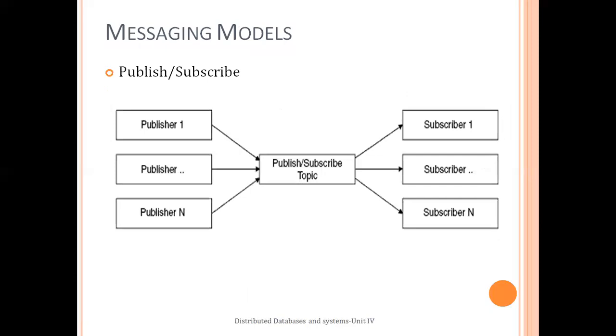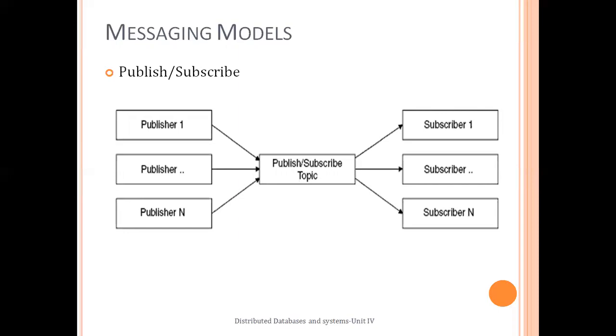Whereas in the case of publisher and subscriber, a message queue will be there and a list of participants. These participants will register for a particular topic. A sender will send a message through the message system, but the message will be sent to all the participants at a time.